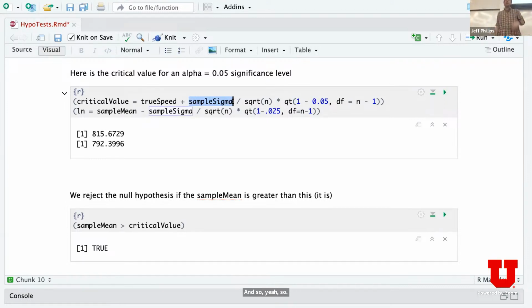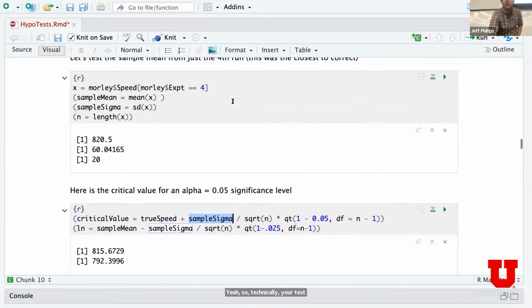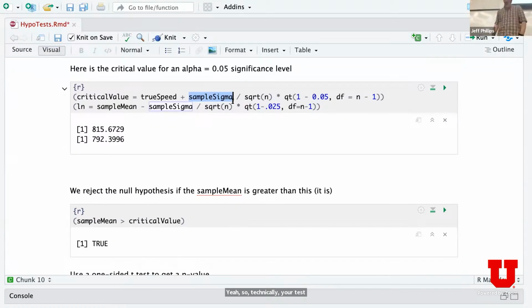Technically your test statistic should factor the sample standard deviation into the sample mean. But once I've observed this data, I can say that the sample mean would need to be larger than the critical value for me to reject the null hypothesis. So that's the value that's critical for rejecting, or not rejecting, the null hypothesis.